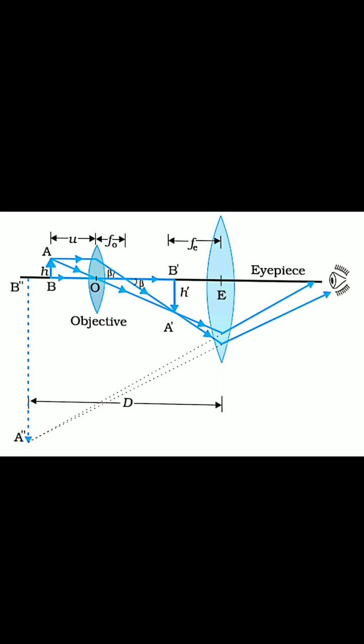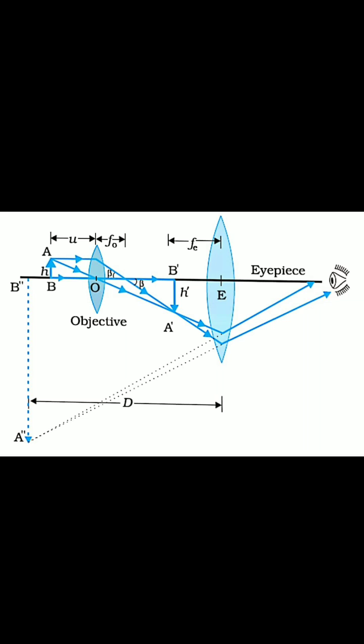The eyepiece forms a virtual, magnified final image A double dash B double dash, which is inverted with respect to the object AB. With respect to A dash B dash, A double dash B double dash is a virtual, erect and magnified image. Clear?